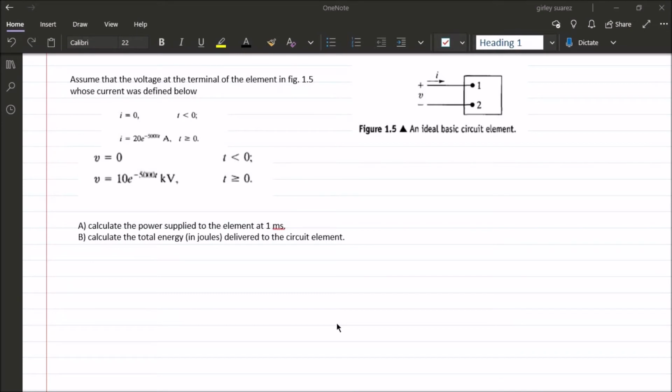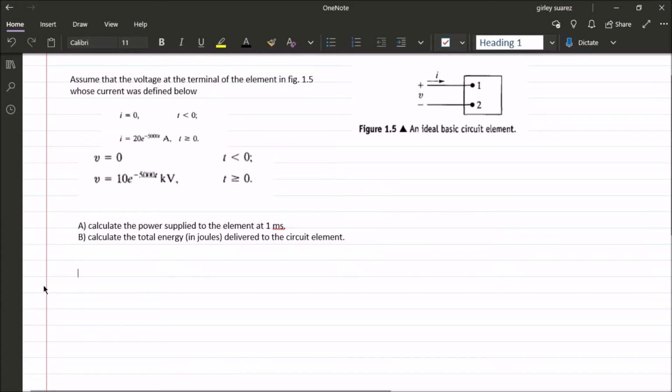Here is the example. Assume that the voltage at the terminal of the element in this figure, whose current and voltage are defined below. We are asked to calculate the power supplied to the element at 1 ms. Since the current is entering the positive terminal of the voltage drop, we use the positive sign in our power equation.